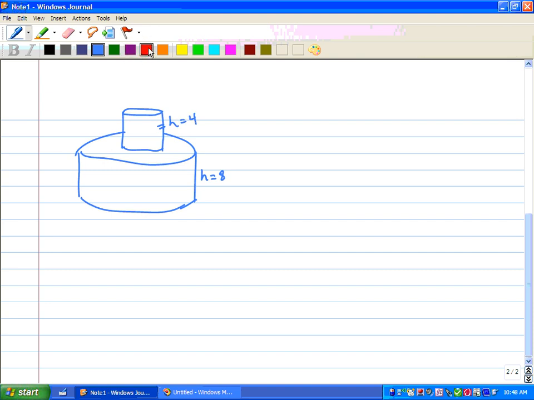All right. And our radius for our large cylinder is going to be 4. And our radius for our small cylinder is going to be 2. Now, we're going to label our cylinders A and B. All right. And now we're going to determine the surface area of both of these.